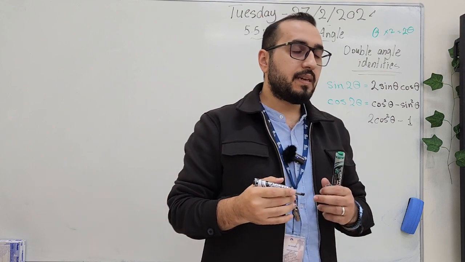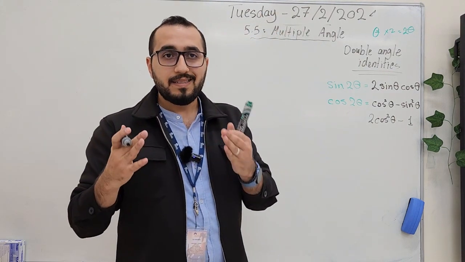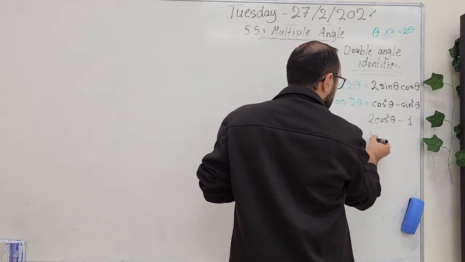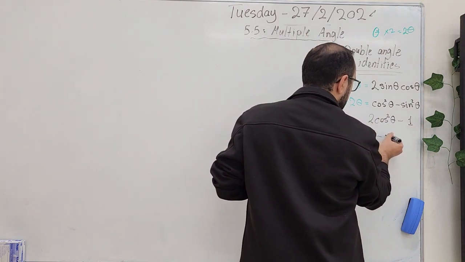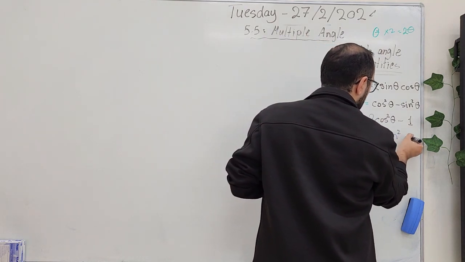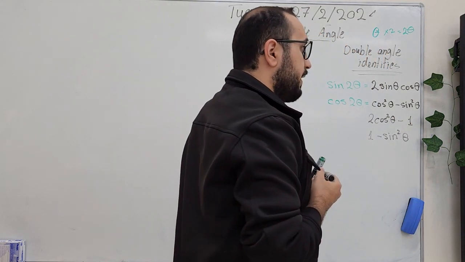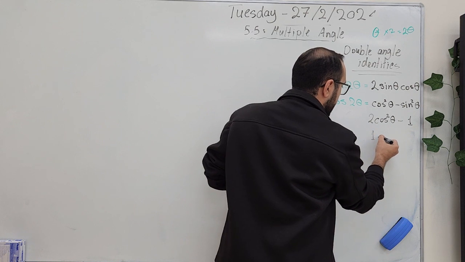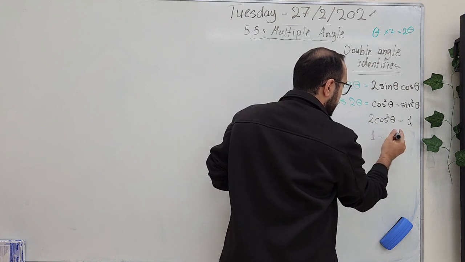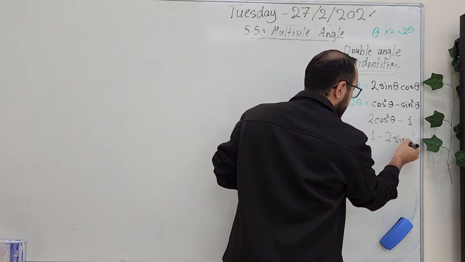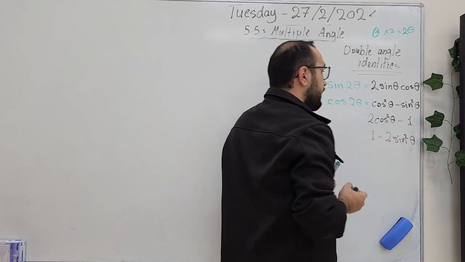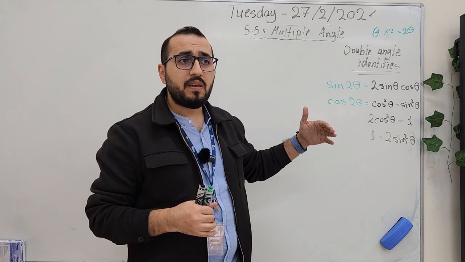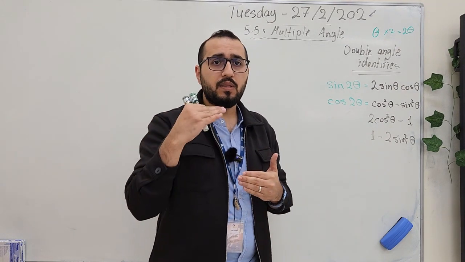This is the second formula of the cosine double angle. The third one is 1 minus 2 sine squared theta. So I have three rules for the cosine double theta. You can use any of these which fits the situation with the question.